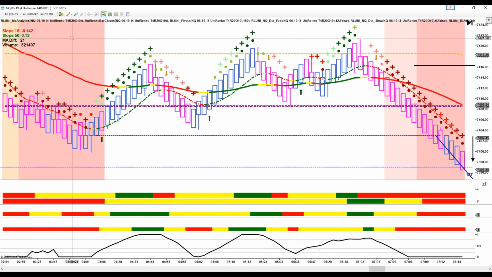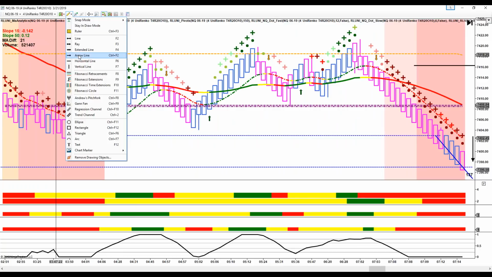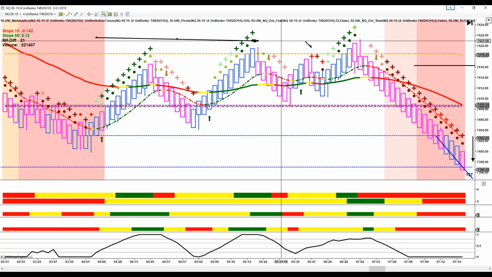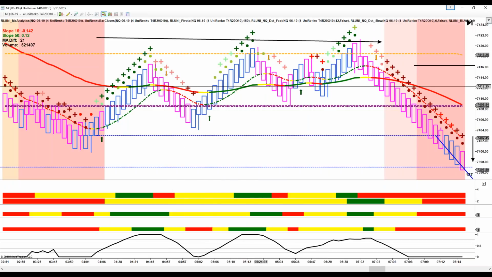Now, look what happens here when there's no background bias. Look how the market trades. In chop, you can't trade here. And it doesn't matter whether you're trading minute, range, Uni-Renko, or time. You're not going to get a trade in this interval because there's no multi-time frame alignment.